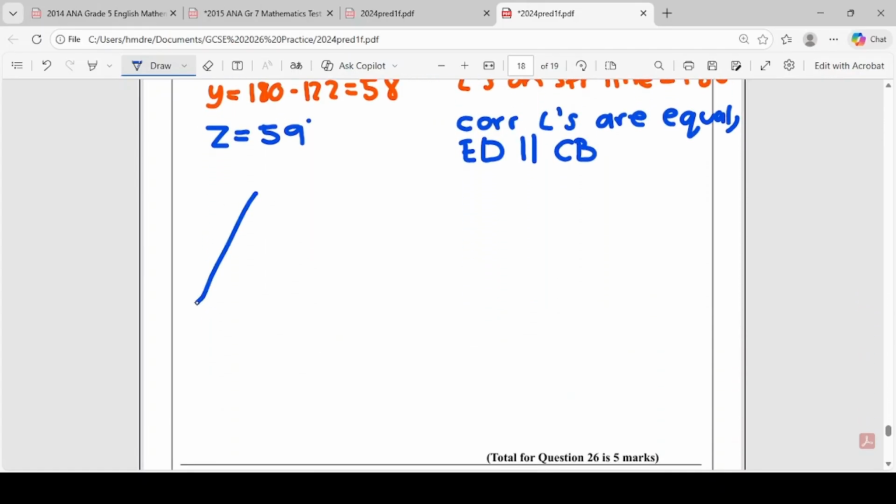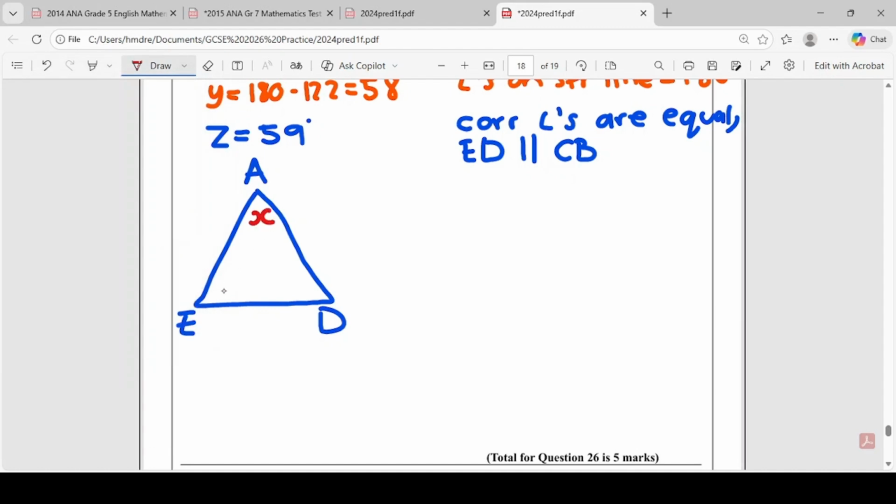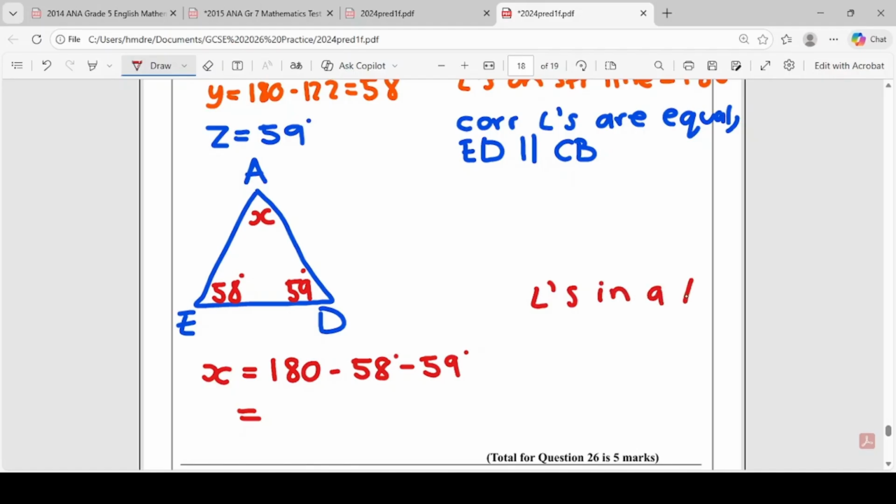Looks like this. We have got that this, we're trying to work out, this one is 58, this one is 59. And so we can use angles in a triangle. So we can say X is equal to 180, take away 58, take away 59. Because angles in a triangle add up to 180 degrees.